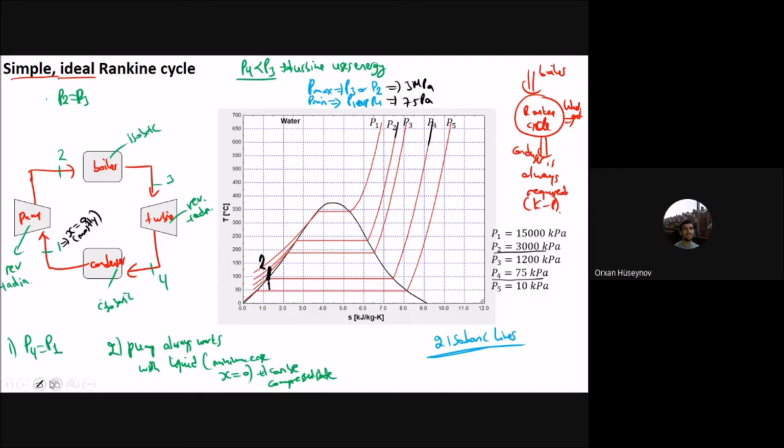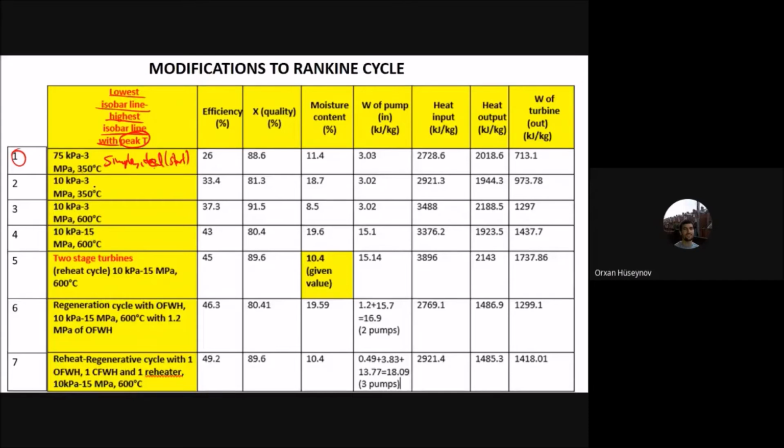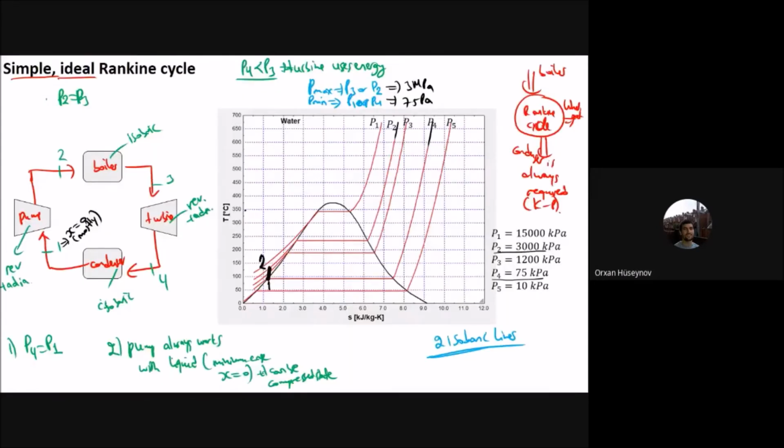Now the next process comes, and this one is the boiler. In the boiler, pressure is constant. You move from 2 to 3, but in the boiler it is also given that this is the peak temperature. I should first select the peak temperature here. This is 350, and it should be at the outlet.